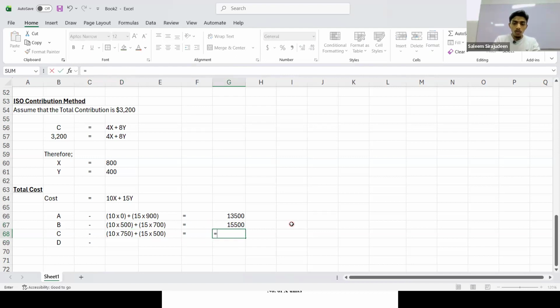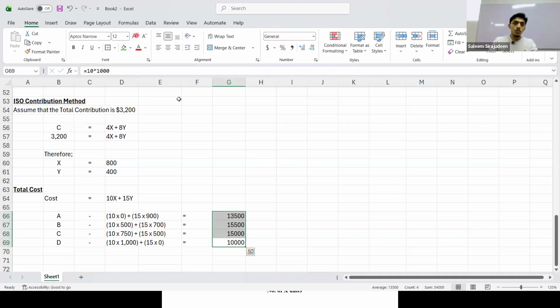Then how much? Equal 10 into 750 plus 15 into 500. How much? 15,000. At the point D, 10 into 1000 plus 15 into 0. Then how much? So equal 10 into 1000, it will be 10,000.